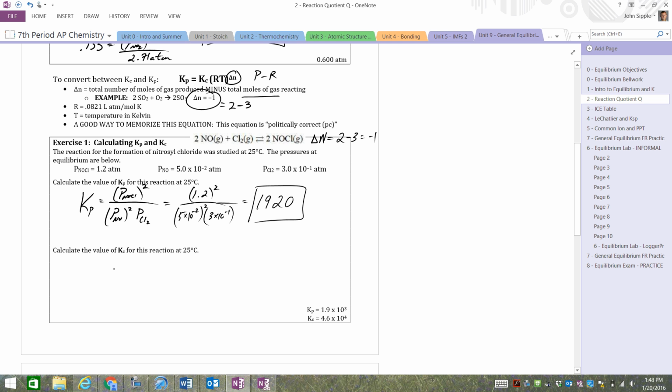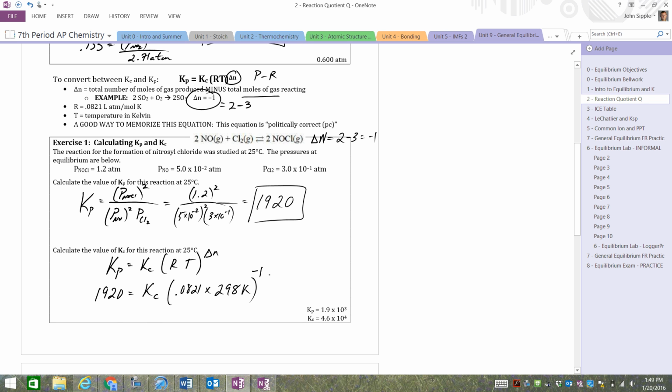Then I just plug the values into our equation. R and T are always in units of Kelvin, and R is always going to be in units of atmospheres there. So Kp is 1920 that we just solved for. We're trying to solve for Kc. We have 0.0821 times 298, because we're at 25 degrees Celsius, so we have to have Kelvin.